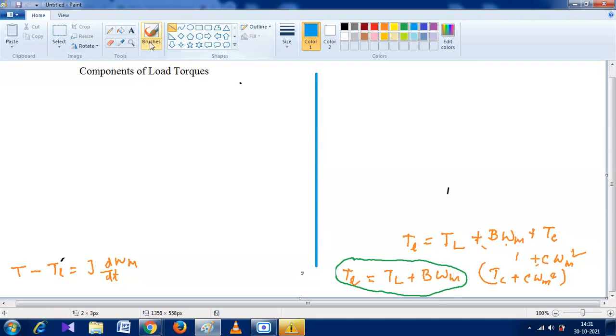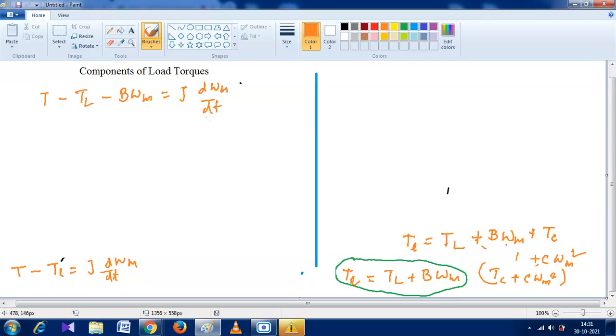What do we get if we substitute this? T minus TL minus B omega m is equal to J d omega by dt.